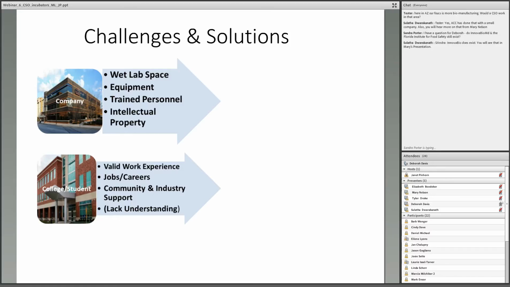So let's talk about equipment. It's expensive to buy. It's even more expensive to run and maintain. Small companies can't afford things like maybe flow cytometry, maybe some sequencing, DNA sequencing, structural work, microscopy, animal facilities. It's just way out of their reach. And then there's trained personnel. Talent's expensive, and not just talent at the upper level, talent even at the lower entry level and mid-level.